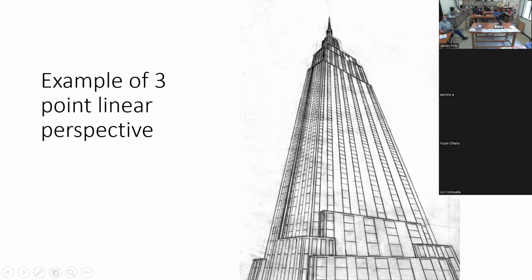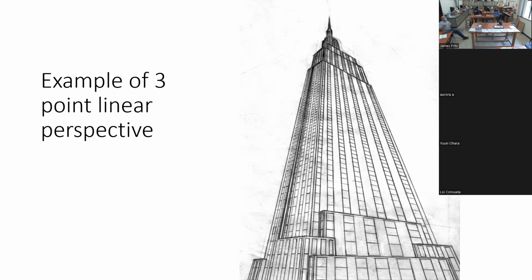And then if you go vertically up to the top of the building and off the paper, there would also be a third vanishing point, a vertical vanishing point up there, where all of these lines would converge. And so that gives you a very dramatic way of showing huge vertical things in linear perspective as well.